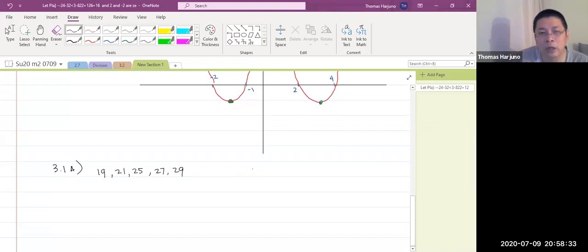Now, overall, in 3.1 up to 3.4, we will learn the following. The ones we have learned: division, either long division or synthetic division.